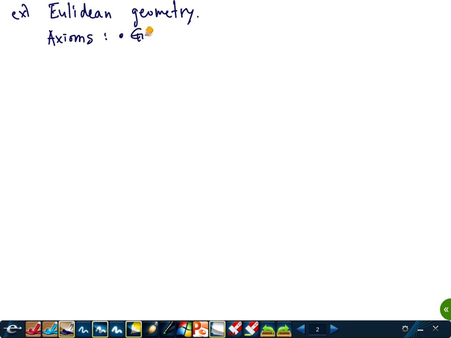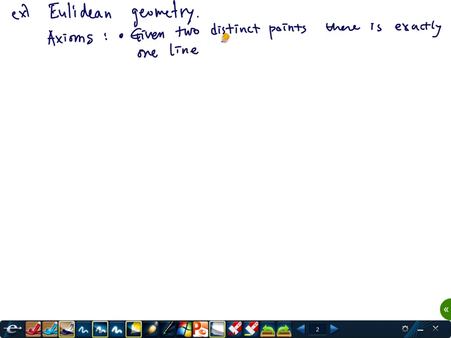So given two distinct points, there is exactly one line passing through the points.